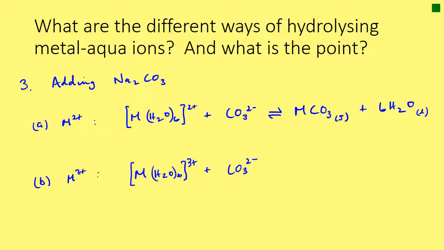We'll balance it in a minute, but this carbonate ion goes off and reacts with the hydroxonium ion instead, and what we get is the metal hydroxide precipitate instead. So we've got our metal 3+ ion, we've got our 3 hydroxide ligands, and we've got only 3 water ligands left. That is neutral and drops out as a solid as well, but it's a metal hydroxide solid.